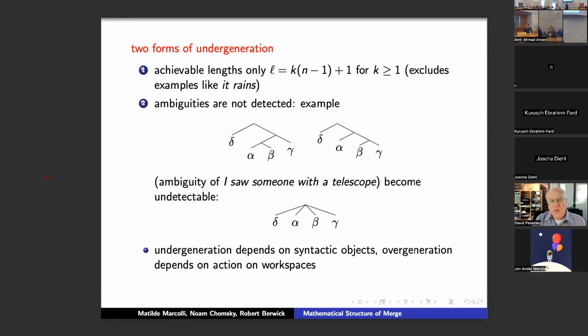But if my workspace has "it" and "rain", can I apply a ternary merge to say: find me "it", find me "rain", and find me one, like, nothing?